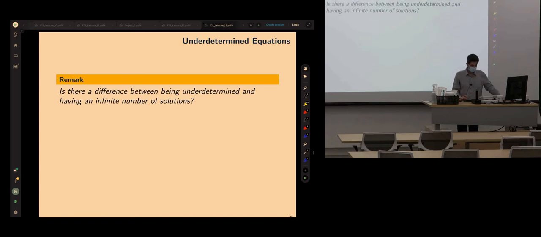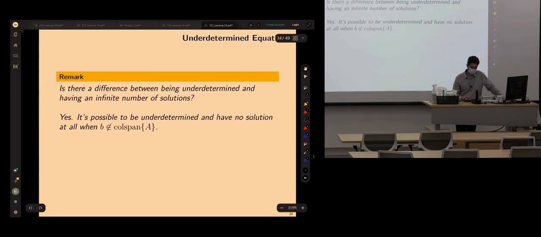Now, one question that might come up is, is there a difference between being underdetermined and having an infinite number of solutions? I'd like to remind you that there is a difference, because we talked about this, that B must be in the column space of A, no matter what.